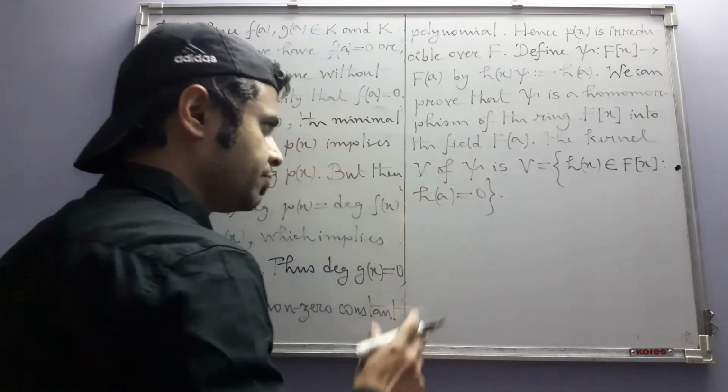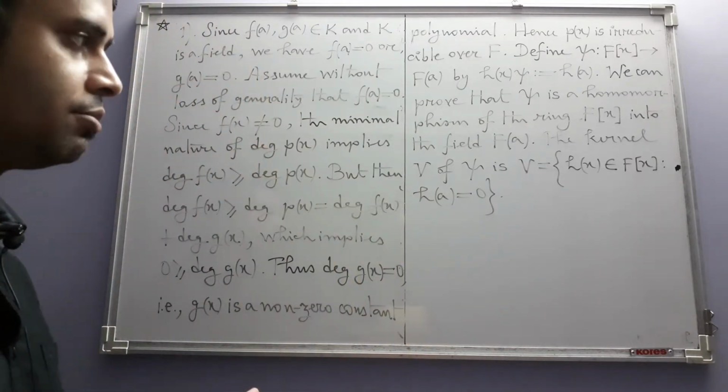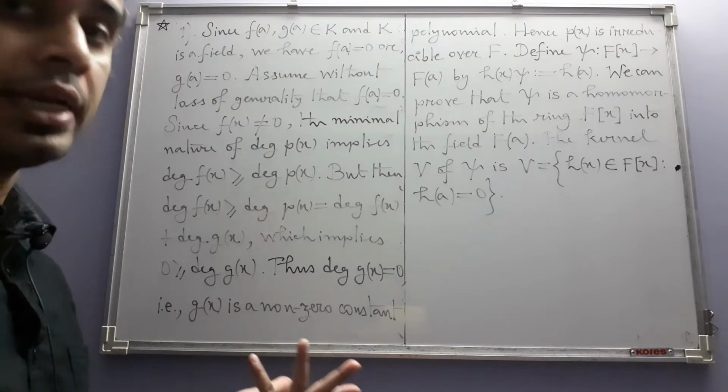Loosely speaking, this kernel is the set of those polynomials over F which a satisfies.